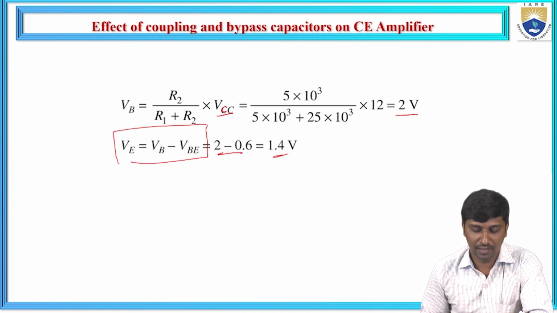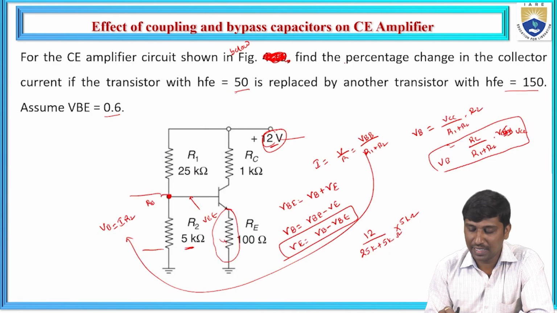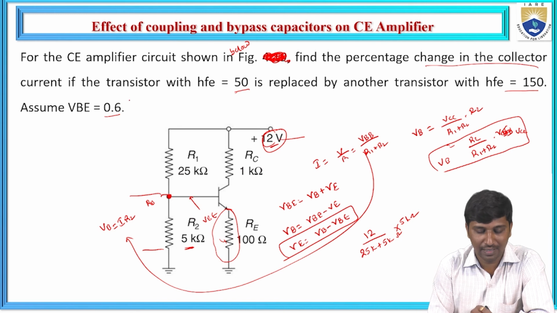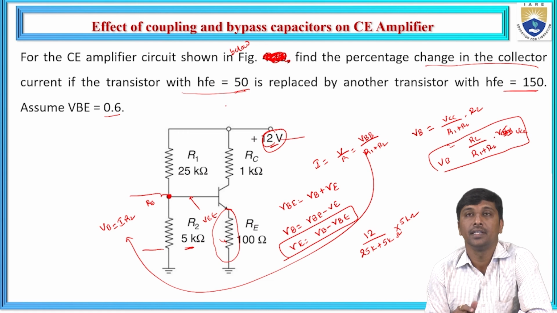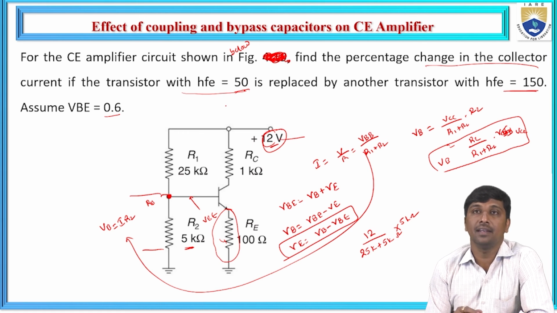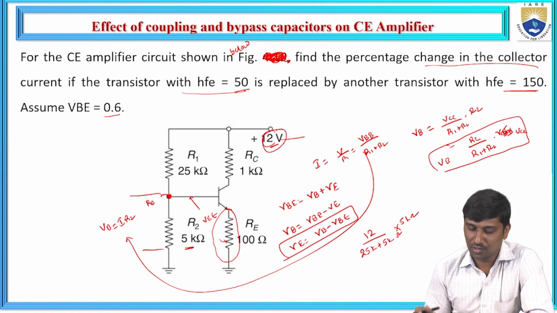In the problem statement, they ask to find the percentage change in the collector current if a transistor with HFE of 50 is replaced by another transistor with HFE of 150. It means we need to find how much the collector current changes when the beta value, or the current gain of the transistor, changes. So first we need to find the currents when HFE is 50 and when HFE is 150.